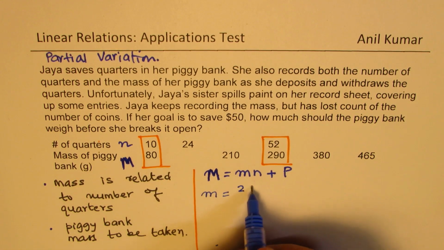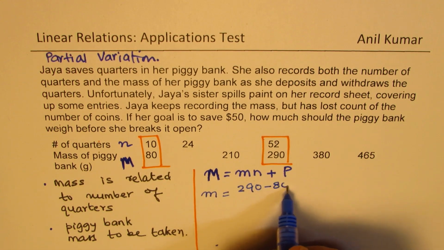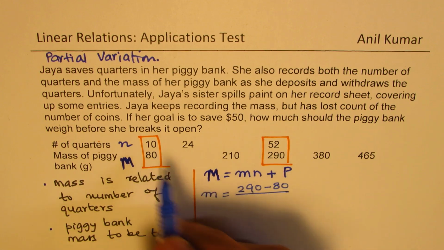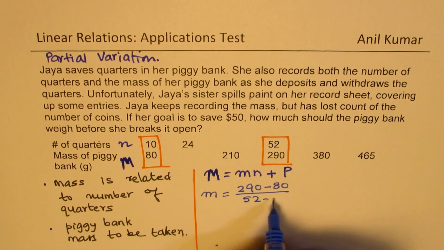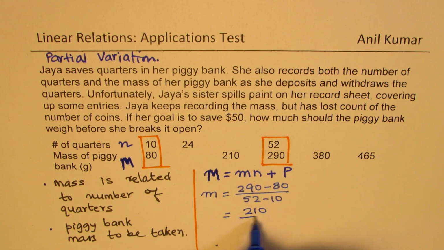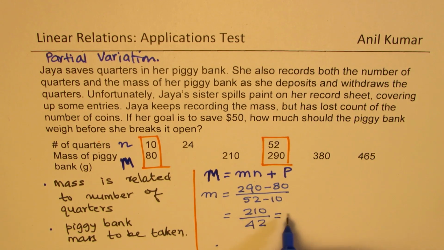That will be 290 minus 80 divided by 52 minus 10, so that is 210 divided by 42, which is equal to 5. So we have the slope, or rate of change, as 5.